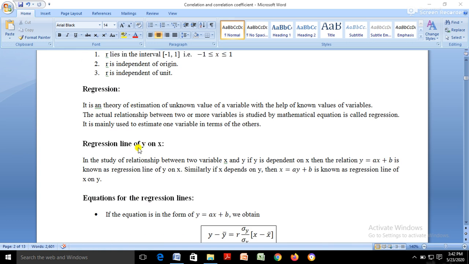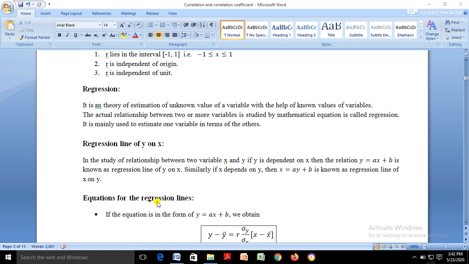So regression line of y on x means, in the study of the relationship between two variables x and y, if y is dependent on x, then the relation y equal to ax plus b is known as the regression line of y on x. Similarly, if x depends on y, then x equal to ay plus b is known as the regression line of x on y.